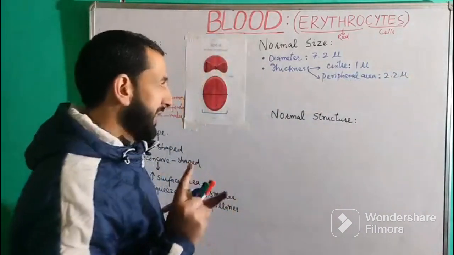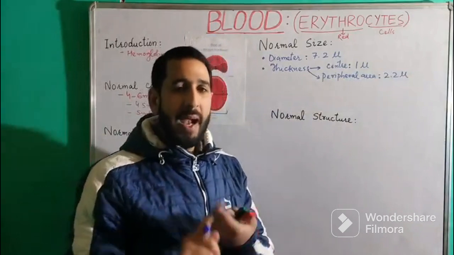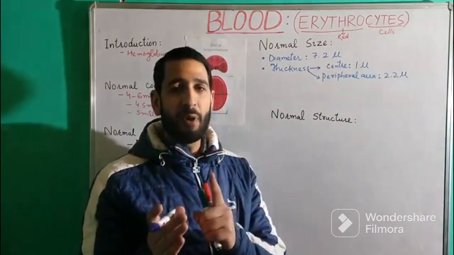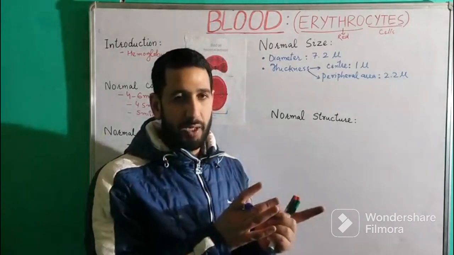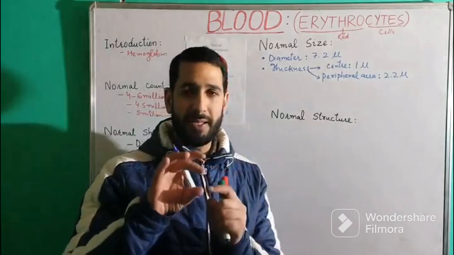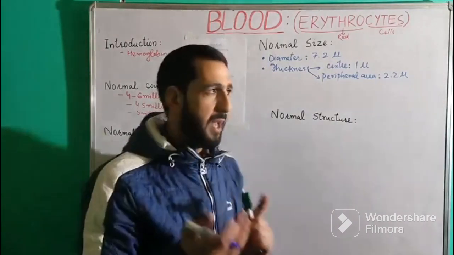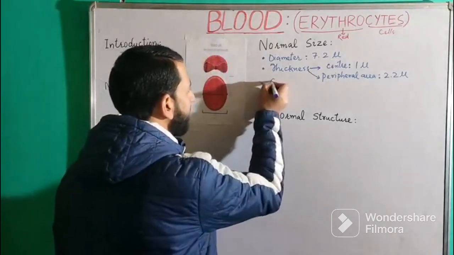So the average diameter is 7.2 microns, and the second thing is thickness, which varies from center to periphery. Center is thinner as compared to the periphery. The center is 1 micron, and in the peripheral area it is 2.2 microns. Now the third thing in the normal size is surface area.